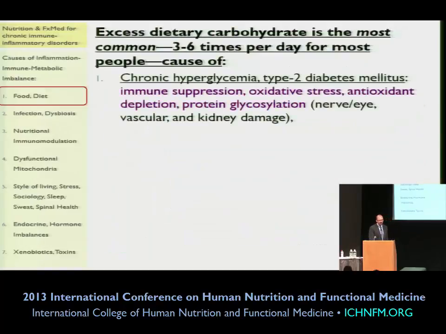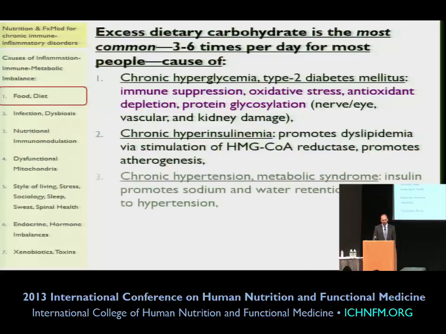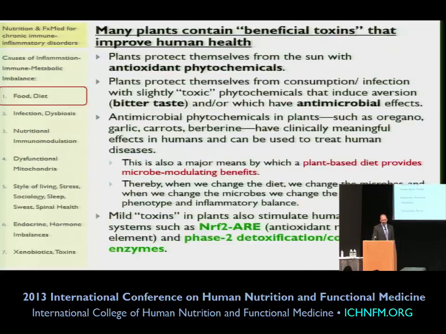Many foods, and one of my vegetables of choice, which is carrots, going back to this slide, a lot of plants contain toxins that actually stimulate an adaptive response in the human consumer. One of my favorite foods, which might be listed on here, is the antimicrobial effects of certain foods. Garlic, berberine we'll talk about, but also carrots.